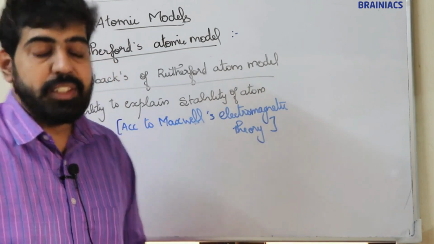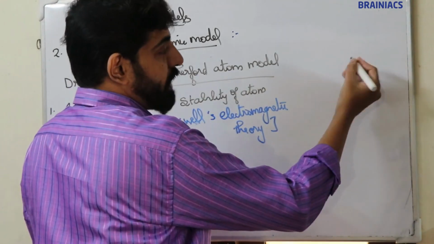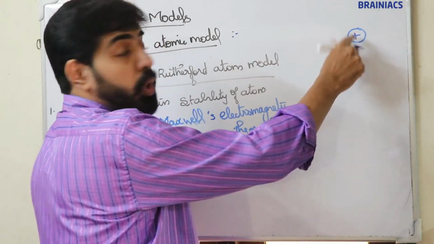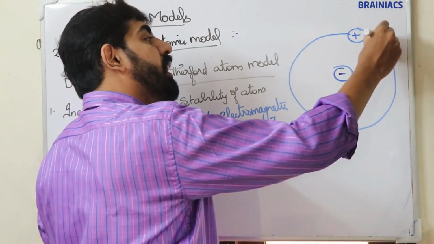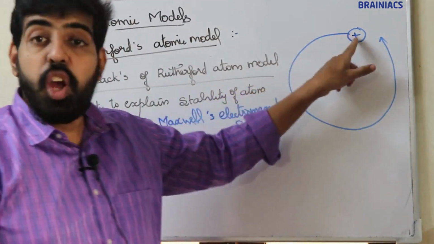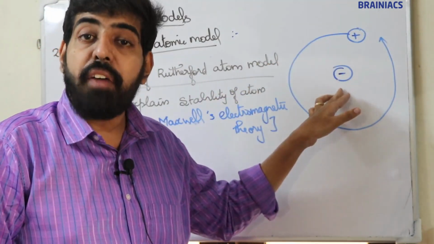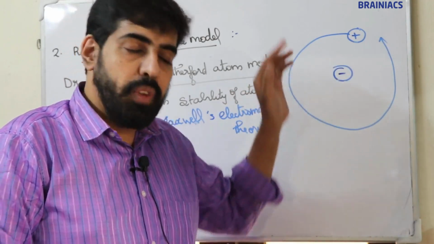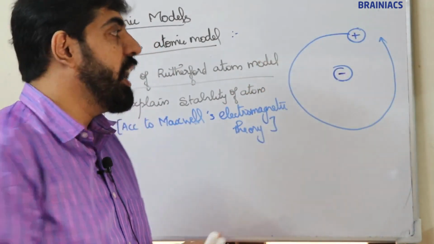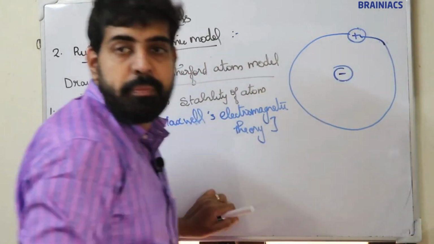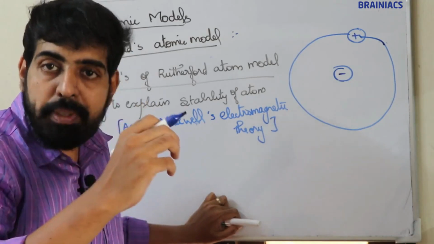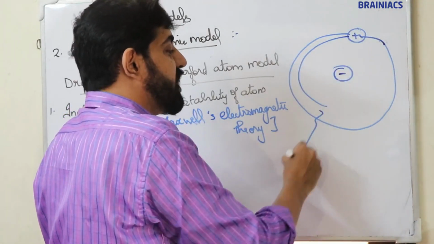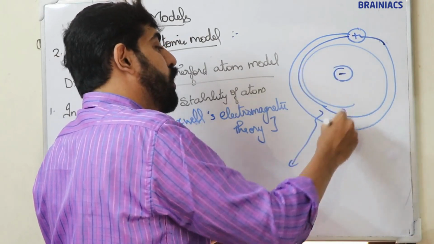According to it, when a charged body rotates around another charged body having opposite charge, for example a positive rotating around a negative, or a negative rotating around a positive, what happens is that in each rotation this charged body will lose energy.